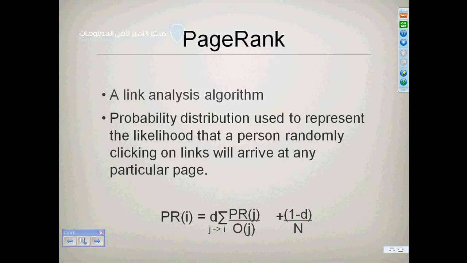When a page is pointing to multiple pages, that particular page only offers a share of its credit to the pages that it points to. So this allows us to figure out the share that comes to this page, and that depends on how many other pages J is pointing to besides I.